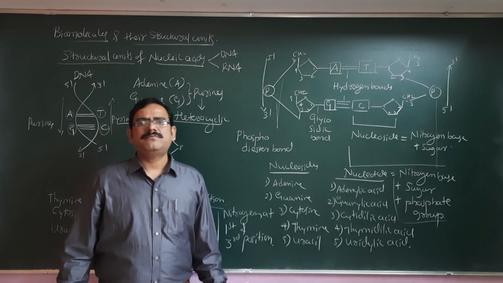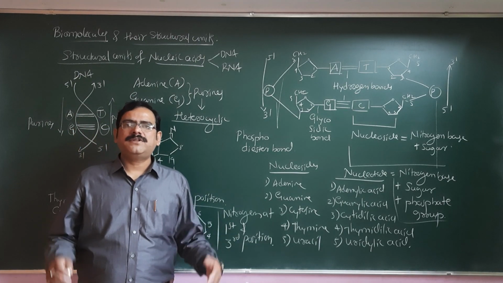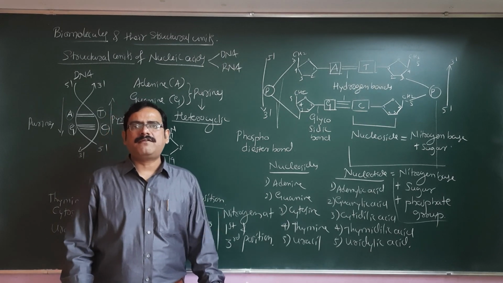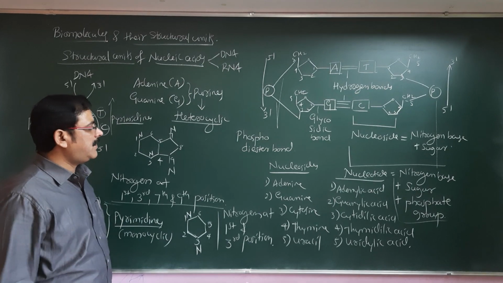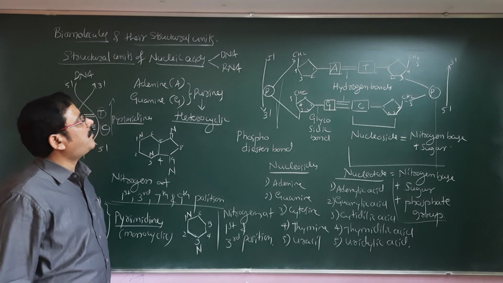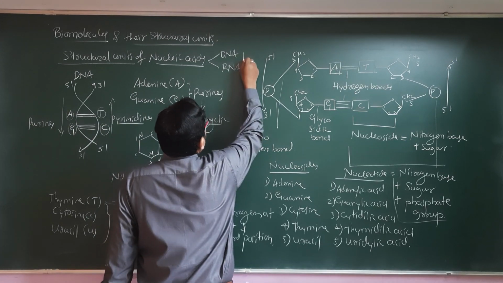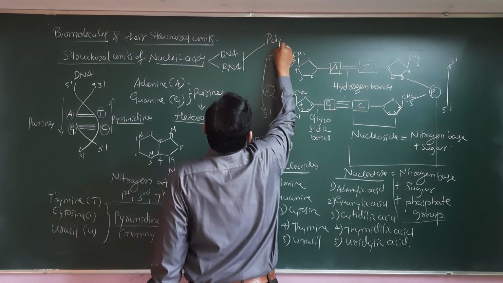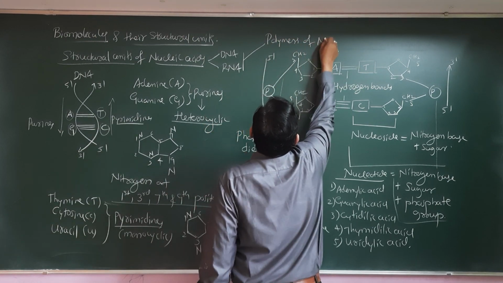Millions of nucleotides join with one another and form a polymer, and thus DNA or RNA are the polymers of nucleotides. One important thing to remember: nucleic acids are polymers of nucleotides.